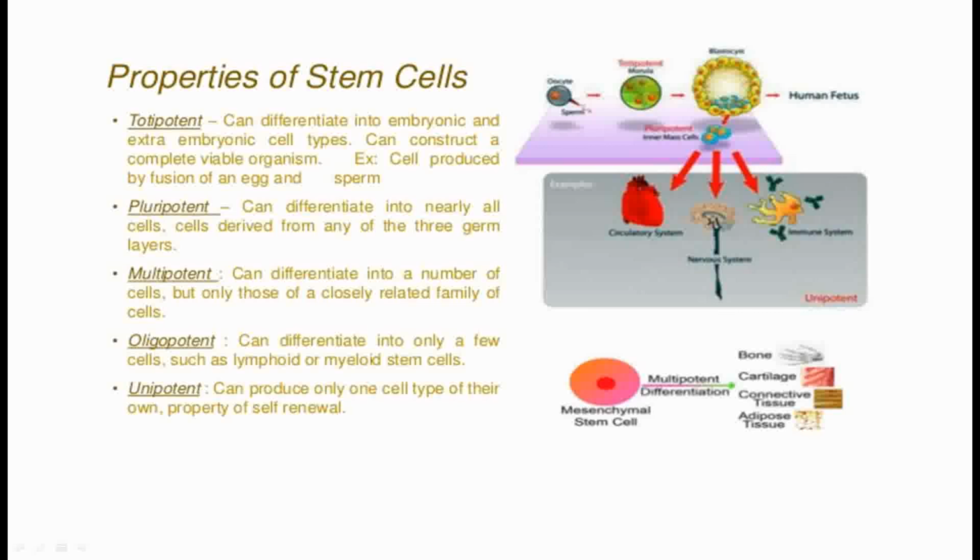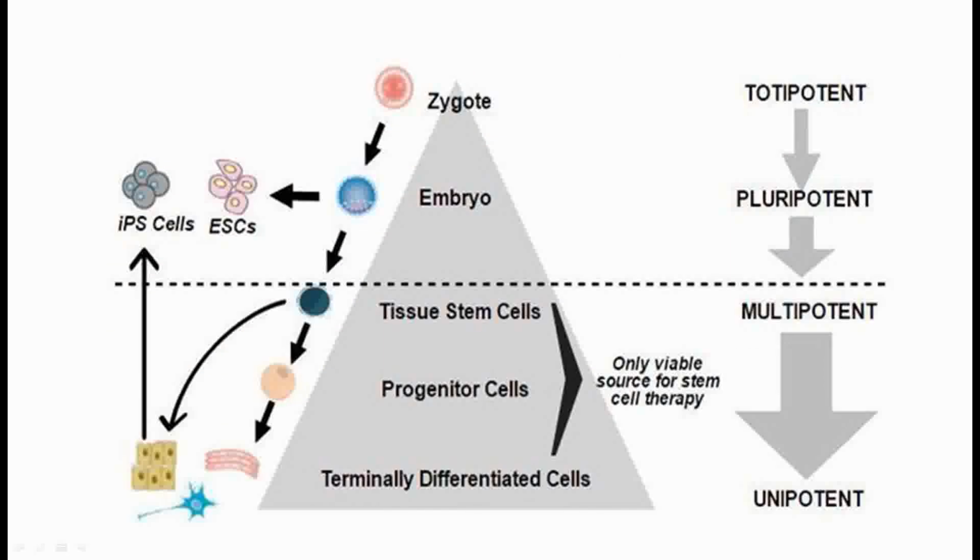So this was all about the stem cell and properties of stem cell. This is a brief overview of all that we have studied till now. So you can see this is zygote, and this is a totipotent stem cell. Zygote forms embryo, that is a pluripotent stem cell.